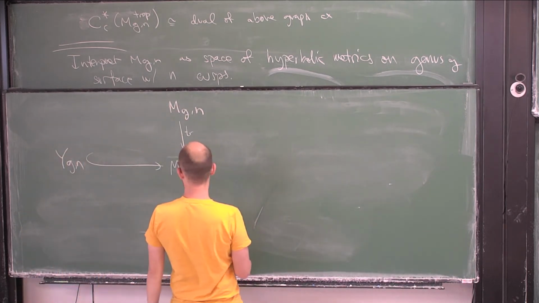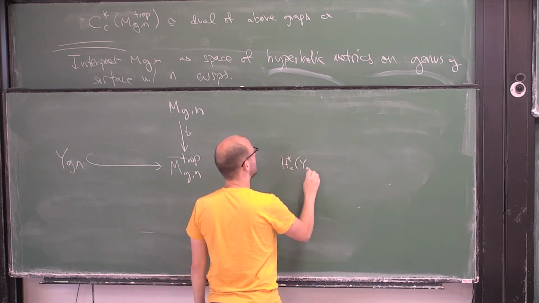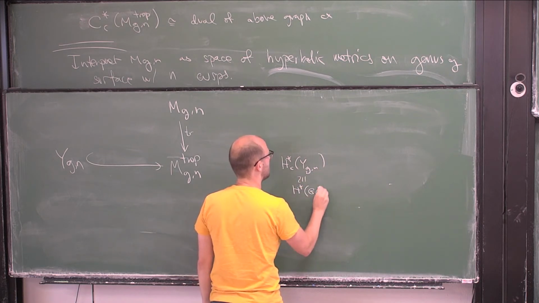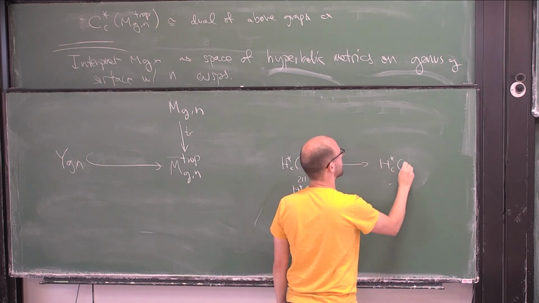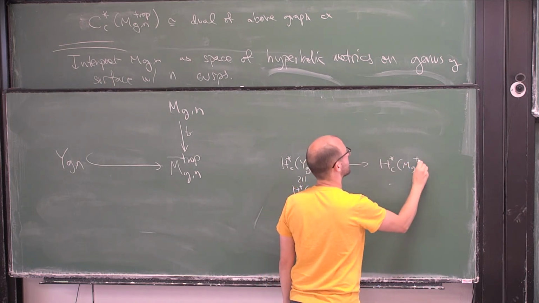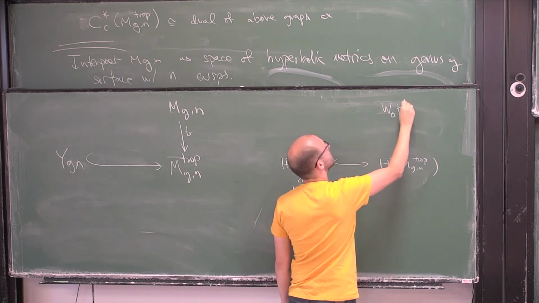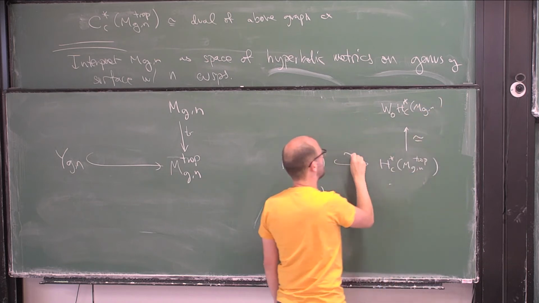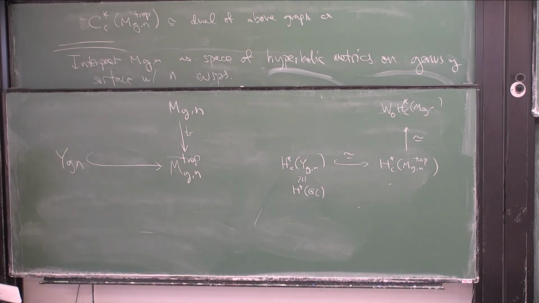I'm taking cohomology with compact support. Yes. Is it obvious that the map induced by the tropicalization map lands in weight zero?